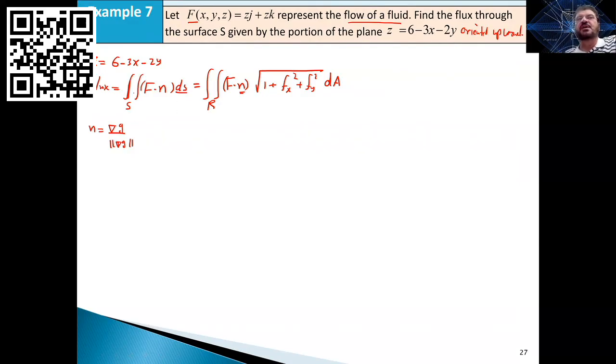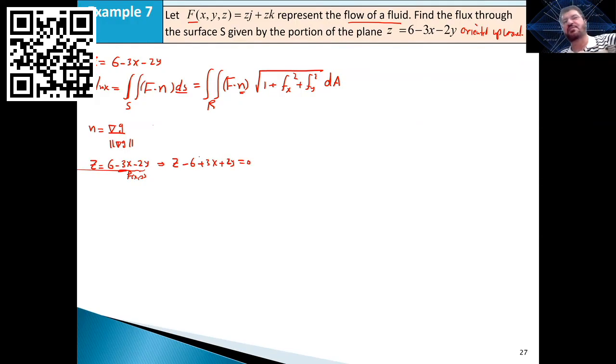All right, so what do we do here? Look at this. We have z equal to 6 minus 3x minus 2y. This one, by the way, is f of x and y. So this implies that z minus 6 plus 3x plus 2y is equal to 0.